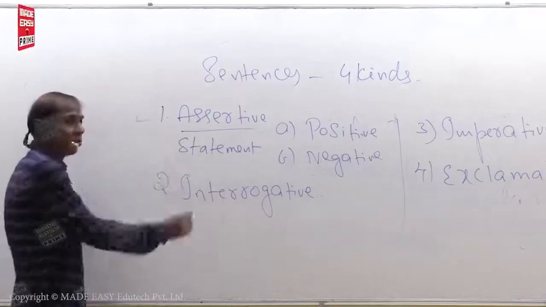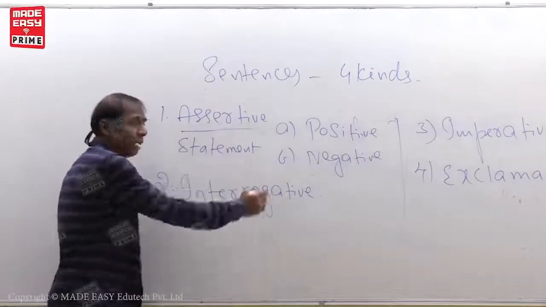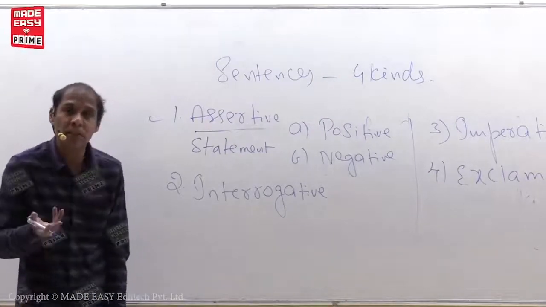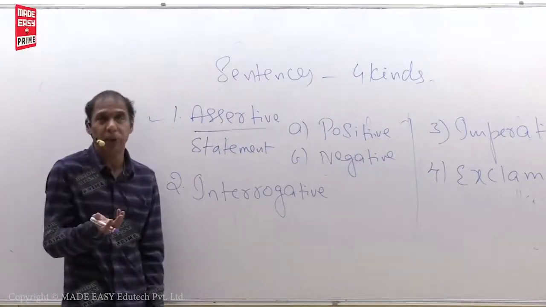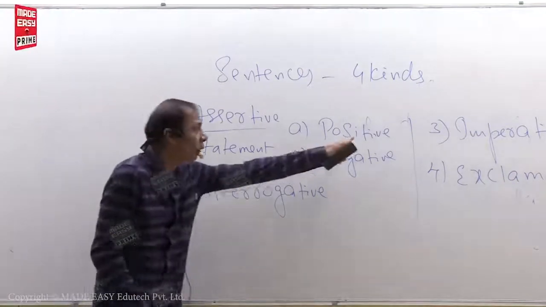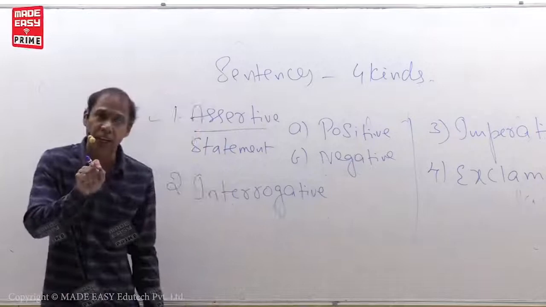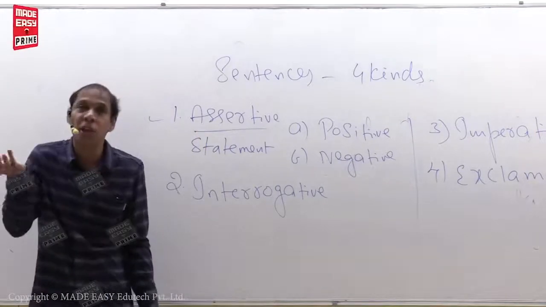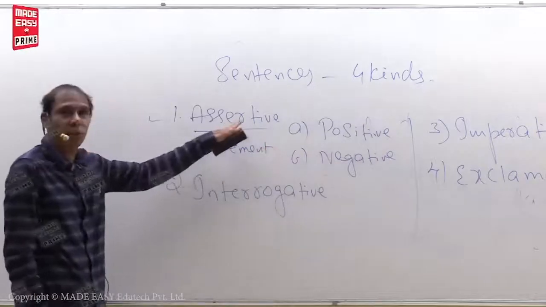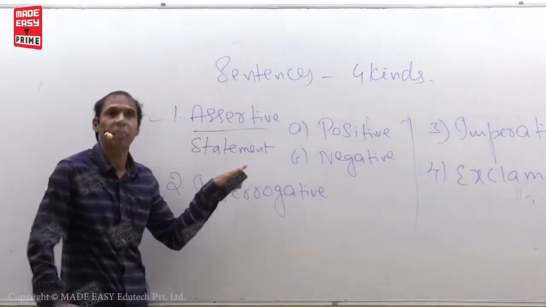So what is assertive? Assertive means statement. Speaking in an accepting sense is a positive sentence, speaking in a not accepting sense is a negative sentence, and these two are called assertive. Simply we can call it a statement.